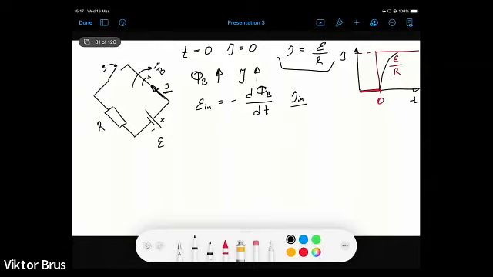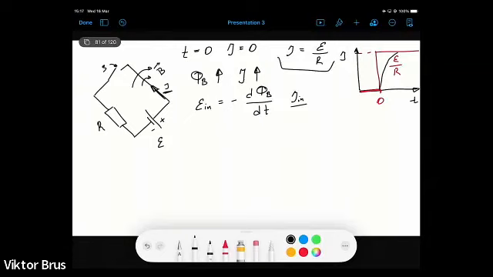So we will have the same story: the induced electromotive force will try to keep the magnetic field flux constant, and that will be in opposition to reducing electric current in this circuit.